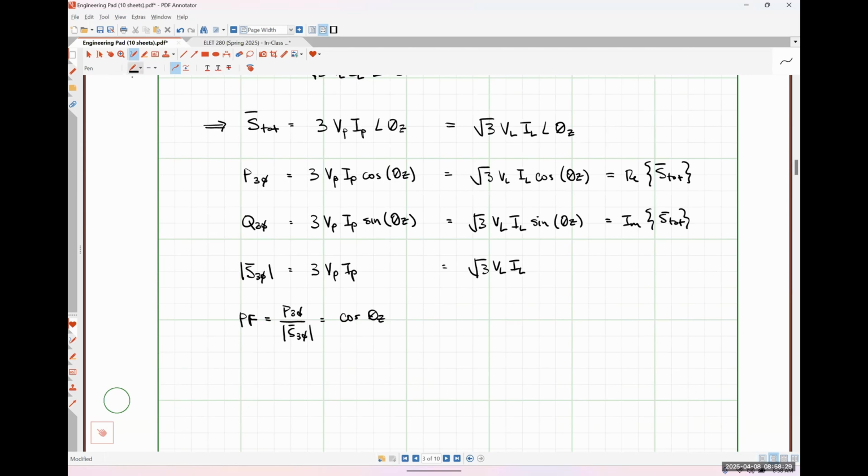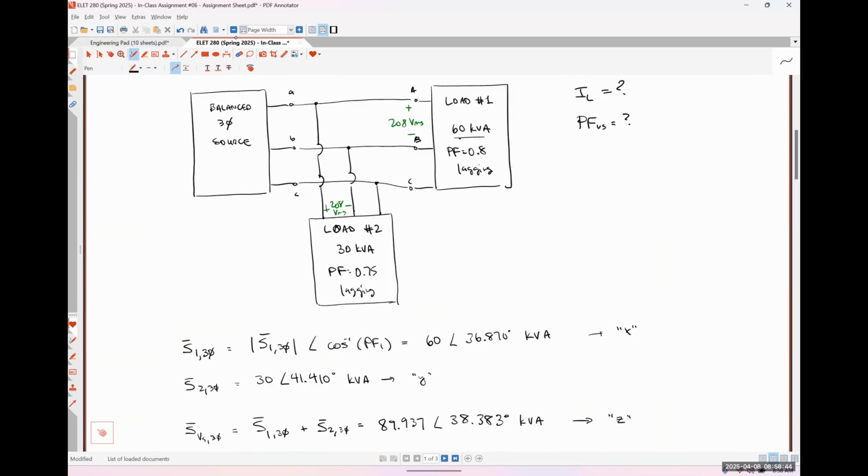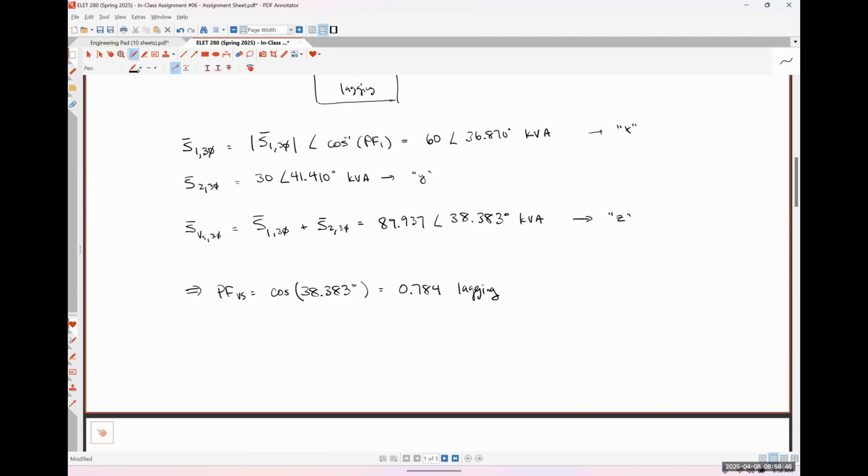So we have the expression over here. Let me just underline it for you guys. Root 3 times the magnitude of our line voltages times the magnitude of our line currents is equal to our apparent power. So if I come back over here and I rewrite that equation, I have the magnitude of S_VS three-phase is going to be equal to √3 V_L I_L.